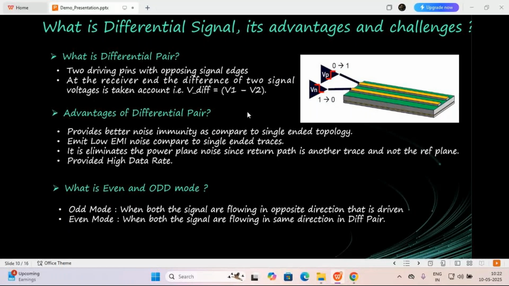In the normal scenario, 100 ohm and 120 ohm are common differential impedances, and some interfaces use 90 ohm. These are the very common impedance values which we use in our day-to-day PCB designing.